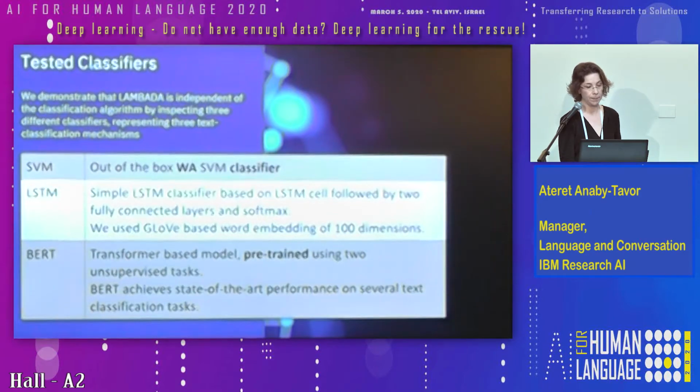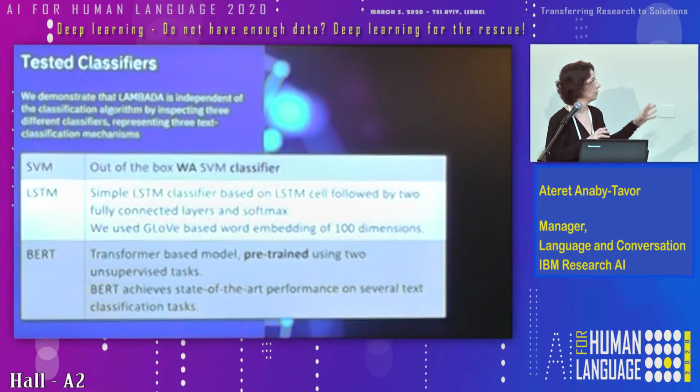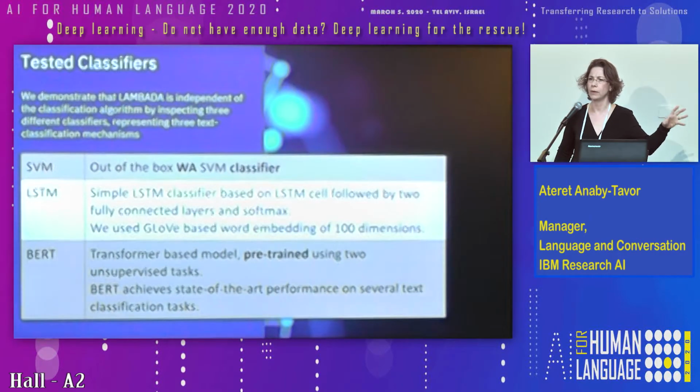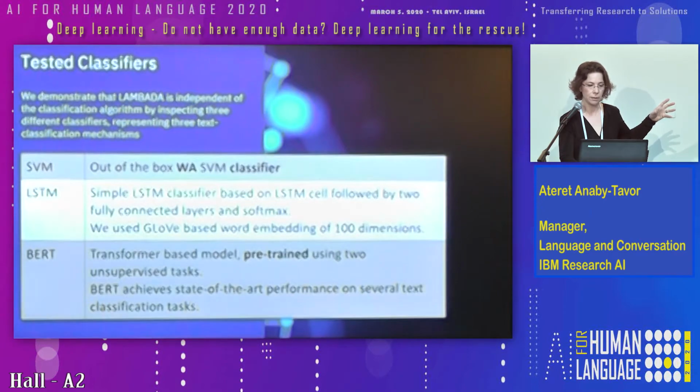Then an LSTM classifier, a deep learning model for sequential data. And cutting edge BERT, a transformer-based model. BERT achieves state-of-the-art performance on several classification tasks, and the question is whether we can even improve BERT. So can we? Yes, we can.